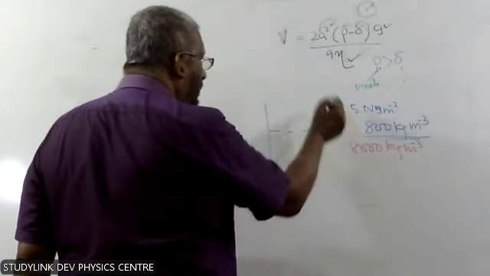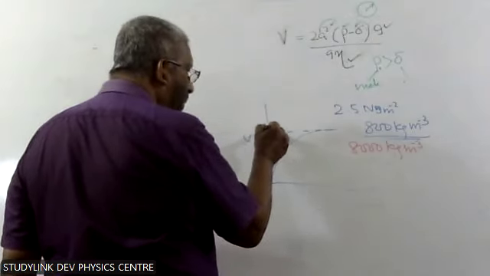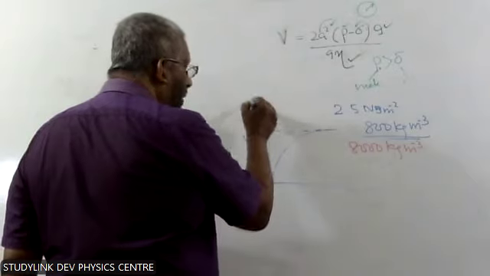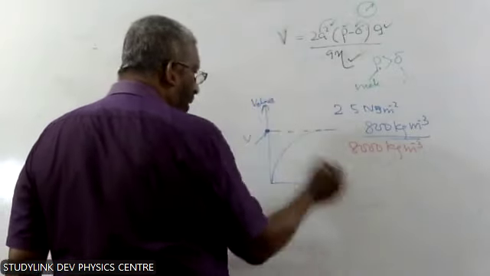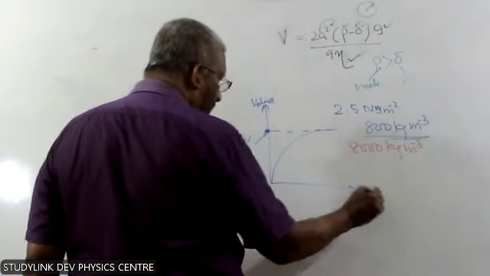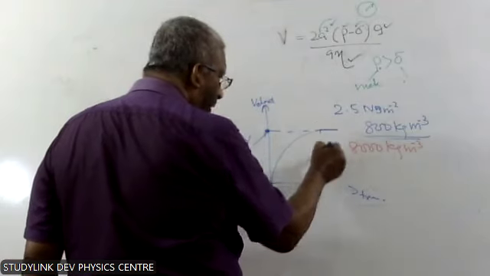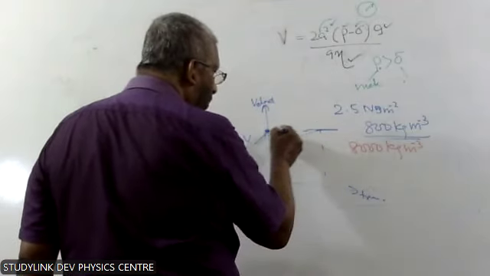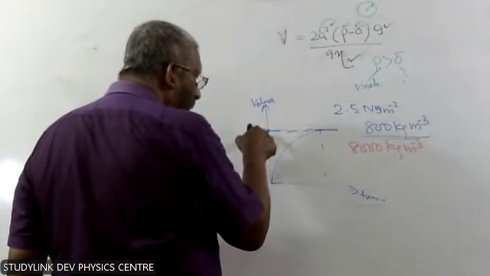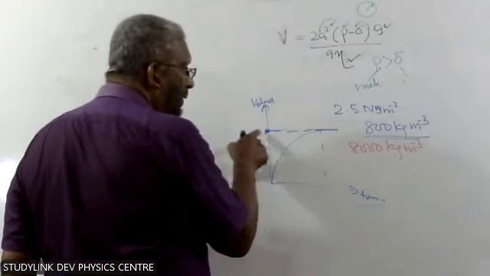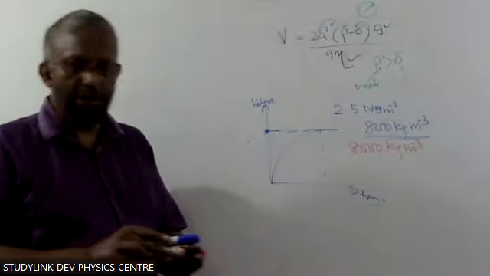The value you are getting should be marked here, and it should be horizontal from there. Time is not asked. So this is the velocity. Don't write Vmax or V terminal, just write the value there. Then you get the equation.